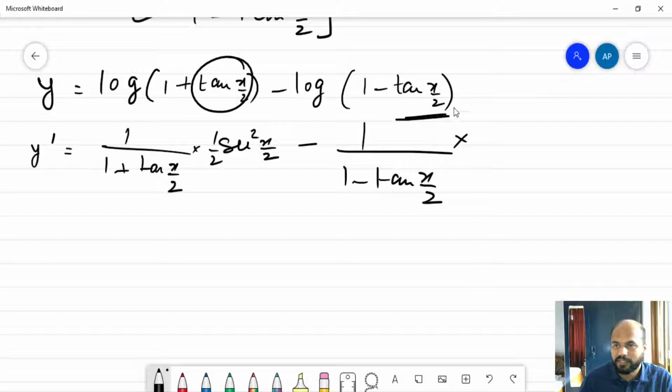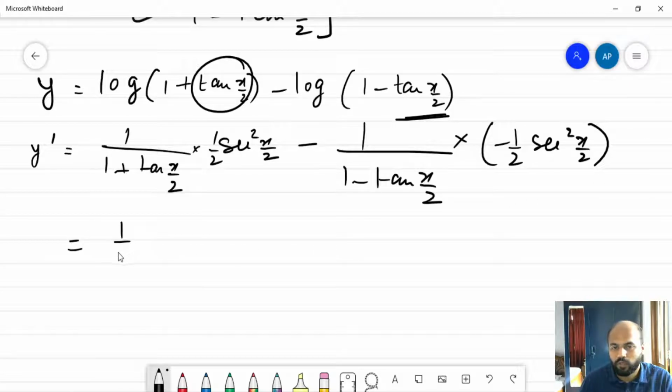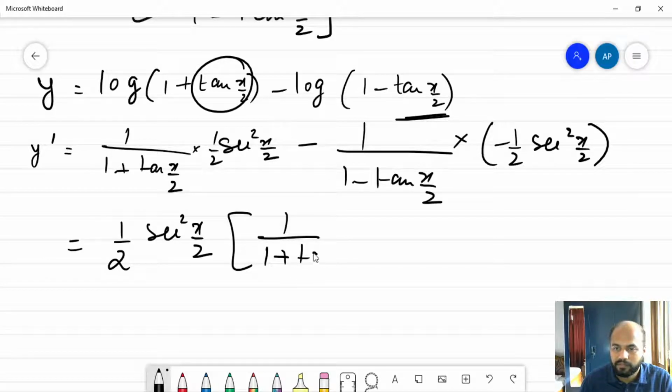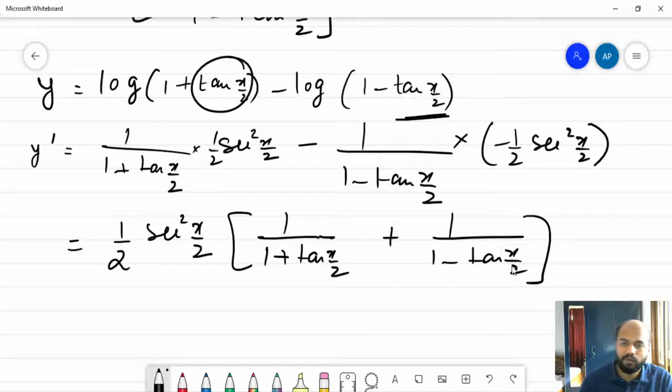And not to forget this tan x by 2, whose derivative will be minus half sec square x by 2. So overall, if we add both of them, take half sec square x by 2 common, then internally we have 1 plus tan x by 2 and 1 minus tan x by 2. Let's see what we can do with this.